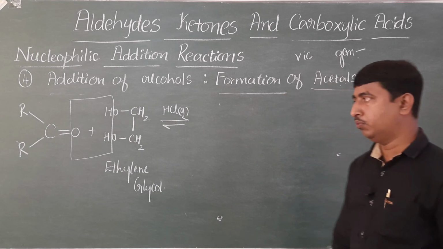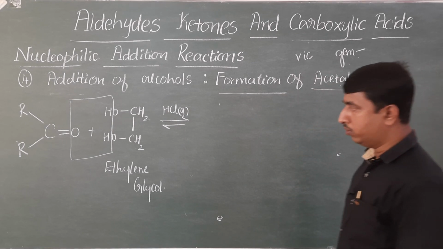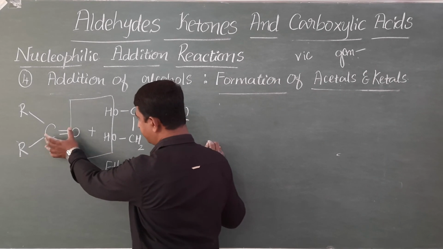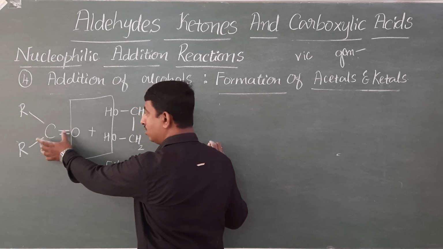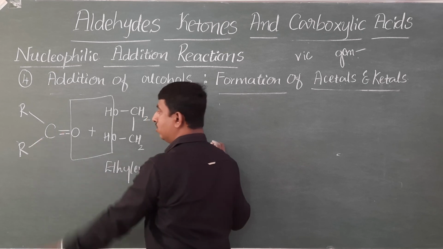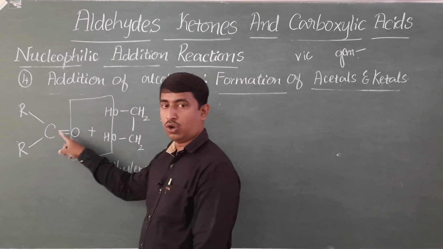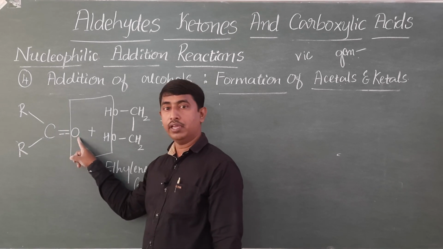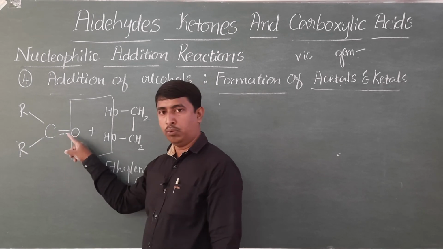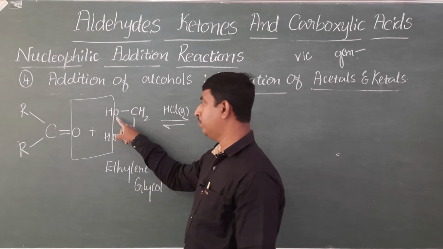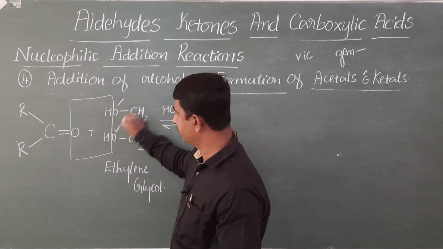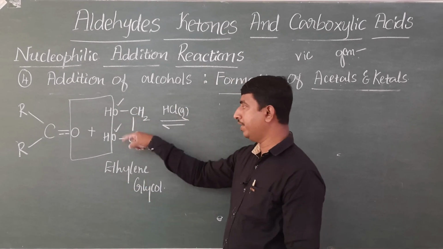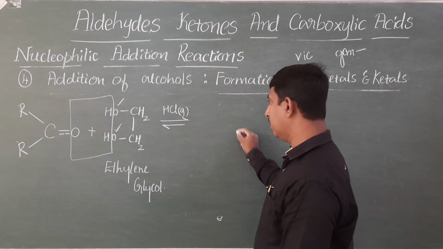So once oxygen is removed, carbon becomes electron deficient due to the loss of these two bonds formed by oxygen. So those two bonds are satisfied by the remaining two oxygen. So we can write the structure like this.